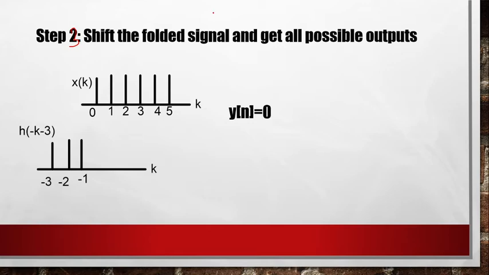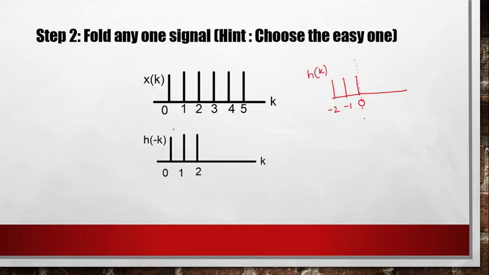I shift this folded signal, moving it to the left hand side as well as the right hand side, to get the interaction between the two. The initial signal h minus k was this. Now I have shifted this signal purposefully to the left hand side. You know left hand side means advancement.